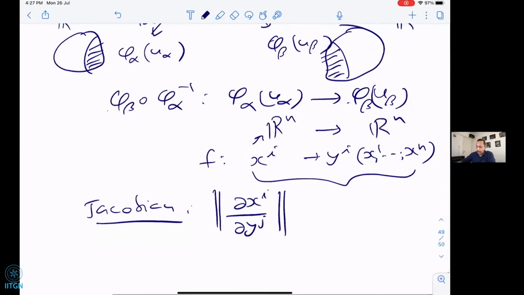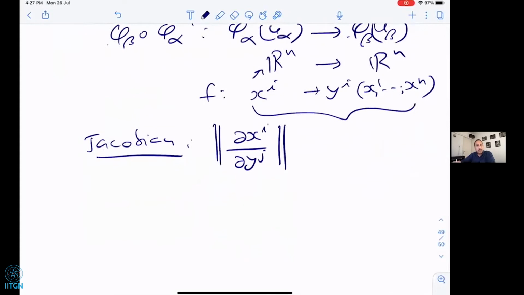Now this concept allows me to decide whether a manifold is orientable or not.